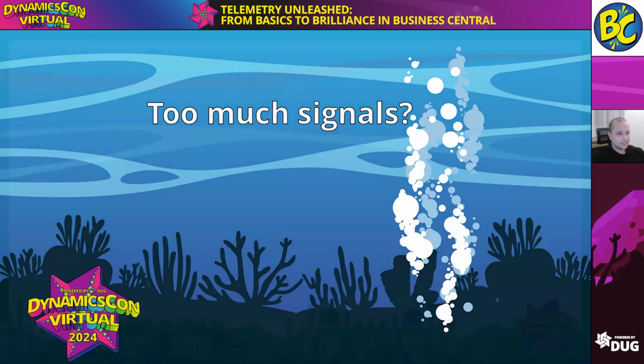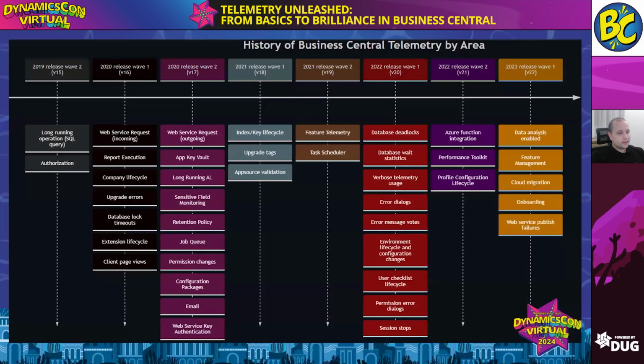So you are receiving many signals. How did we come to that? Here we have a visual representation showcasing how telemetry investment areas have evolved across different versions of Business Central.